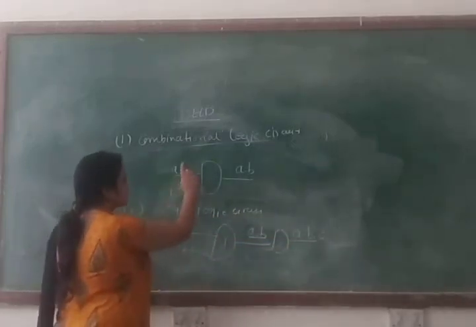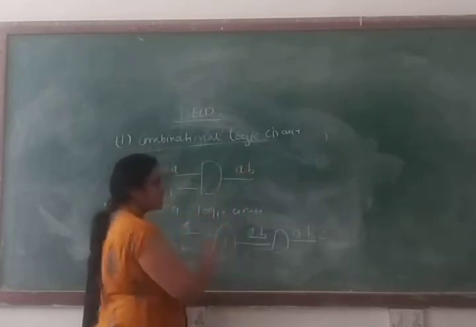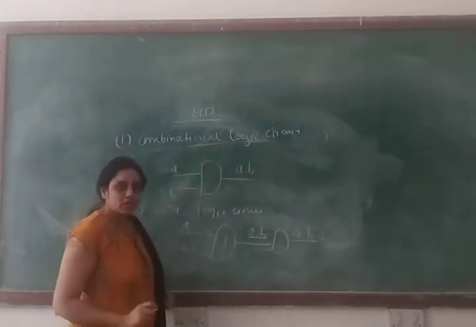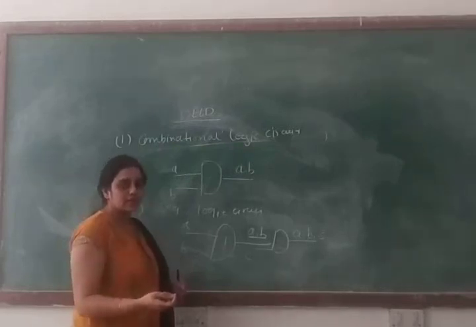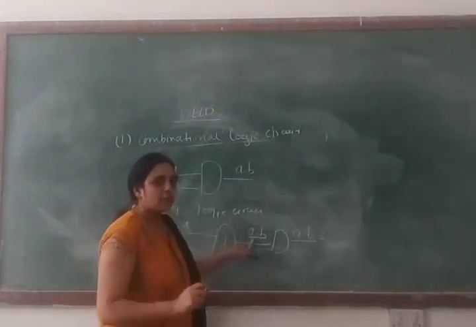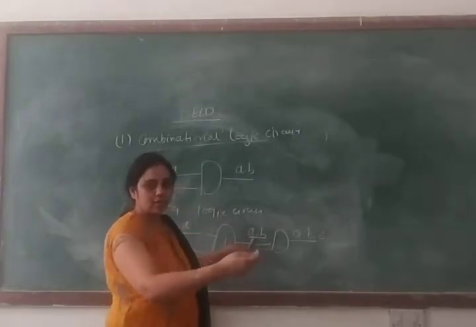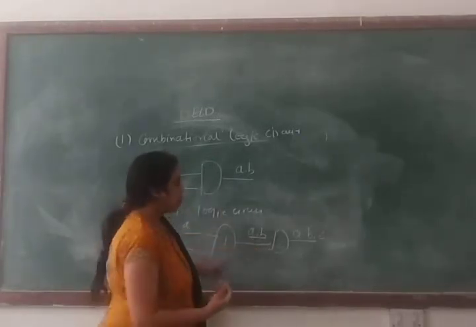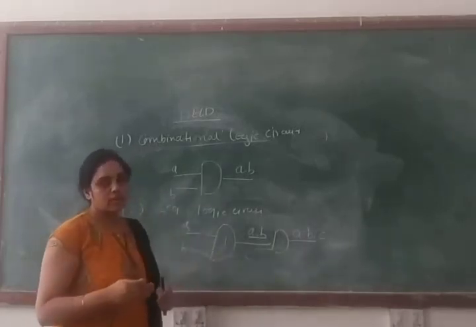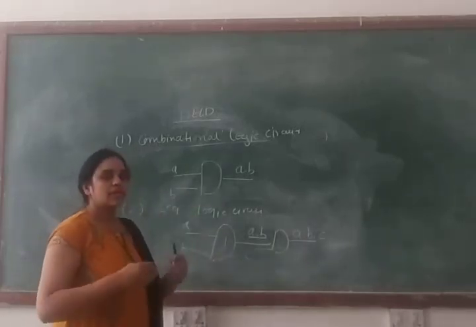In a combinational logic circuit, we cannot use this output because combinational logic circuits are memoryless circuits. We cannot store this output. That's why we cannot use it in another circuit. But in a sequential logic circuit, you can use the output as an input to another circuit to generate the next outcome, because sequential logic circuits have a memory element, so they can store the output.